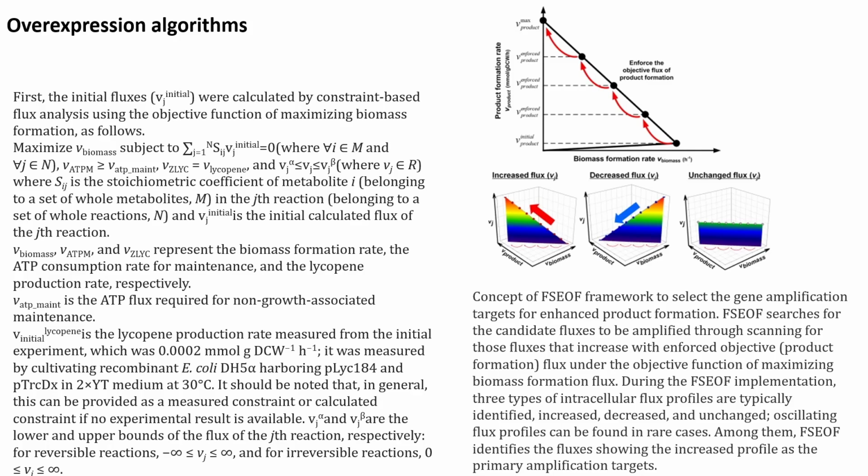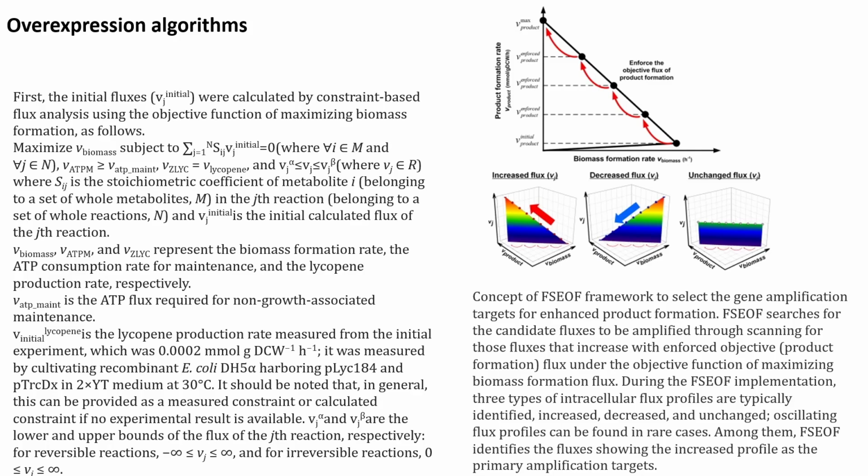This is the general concept of overexpression in genes. It can be done by different methods, but it will give you an idea about the relationship between the gene and the product formation, basically the function, the phenotype. So this is what overexpression is.